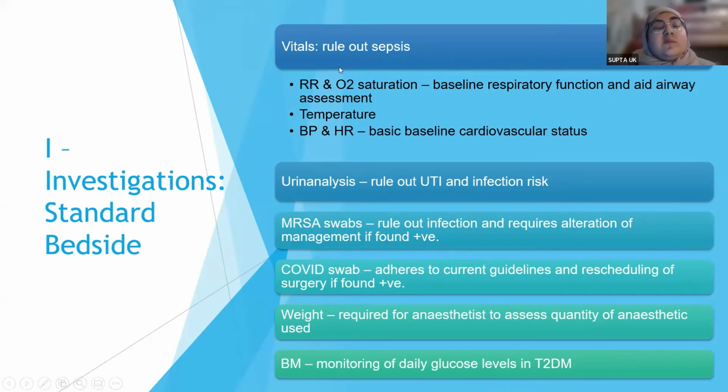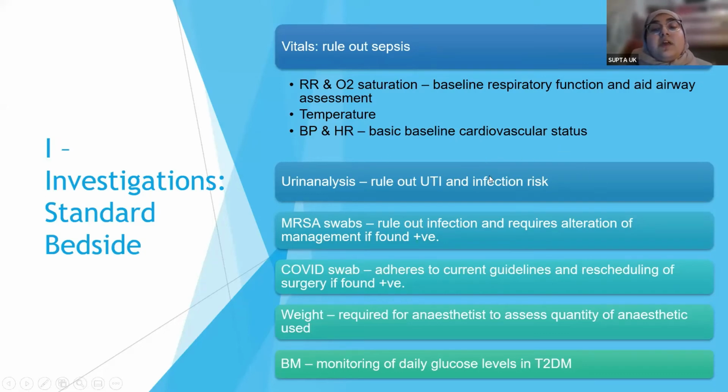Temperature, again, part of sepsis. And then blood pressure and heart rate help with basic baseline cardiovascular status, because at this point what we've only done so far is a history and an examination. So these are some objective results that you can have.